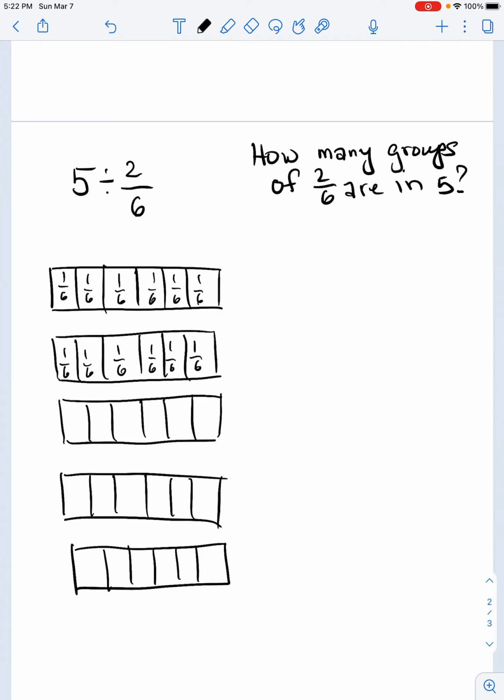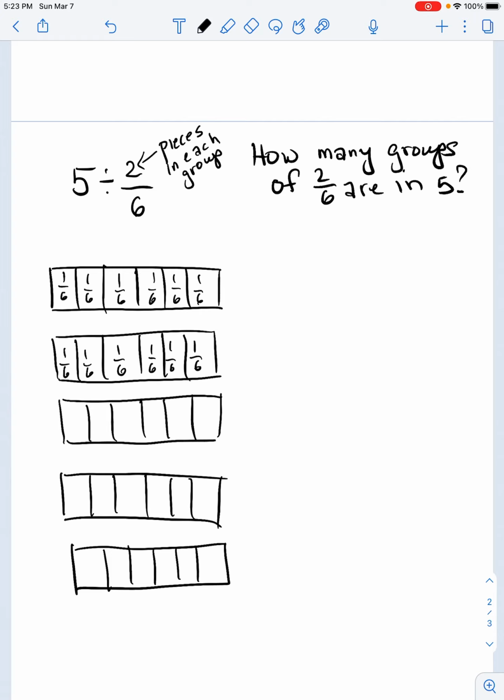I know 6 pieces. Each piece is going to be a sixth. How many pieces? I want each group to have 2 pieces, right? This is the number of pieces in each group.